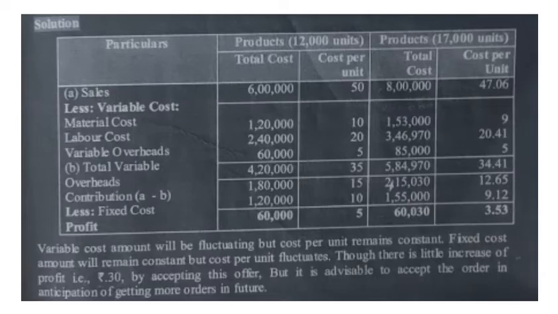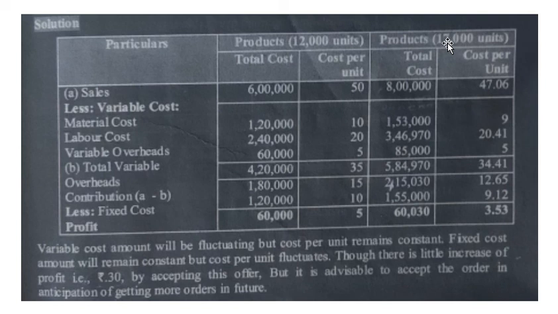As you have told, if 5,000 extra units are produced, then 1 rupee will be less. So 10 minus 1 will give you 9. So 17,000 units into 9 will give you 1,53,000. So you have got your material cost for 17,000 units produced.